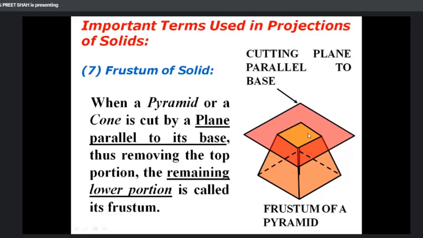The remaining lower portion is called the frustum of the solid. Yes, the bottom side is the frustum of the pyramid. If it is a triangular pyramid and you cut it, the remaining lower portion is called the frustum of the solid, because a frustum requires a base, and the top portion has only the apex point. We remove the apex part, so the bottom part is called the frustum of the solid. Okay, next one.